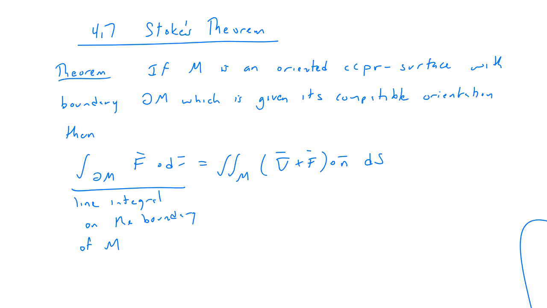If I look at the boundary of that, which I'll do in the one example we're going to do, then that is the same as the flux of the curl. So this is the curl of, here I'm using F.